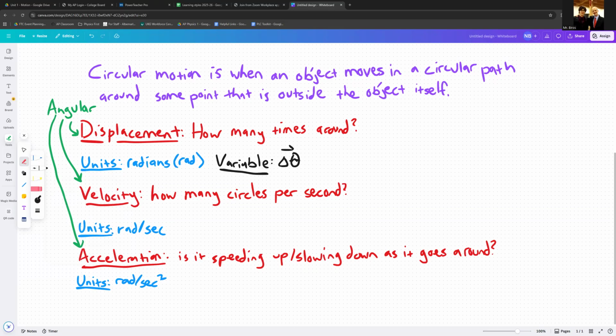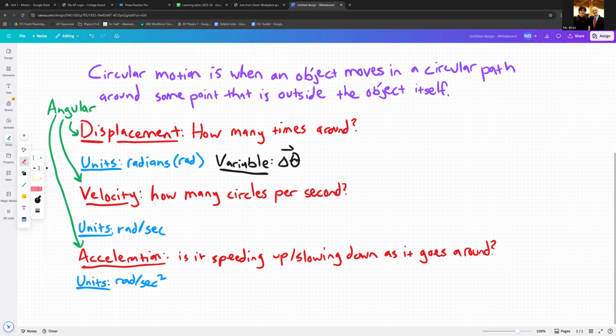So delta theta is just a change in angular position. So you could say you started at a theta of 0, for example, and by the time you go halfway around the circle, your theta is pi radians. So your displacement would be final minus initial. So you would find the displacement by the change in angular position.